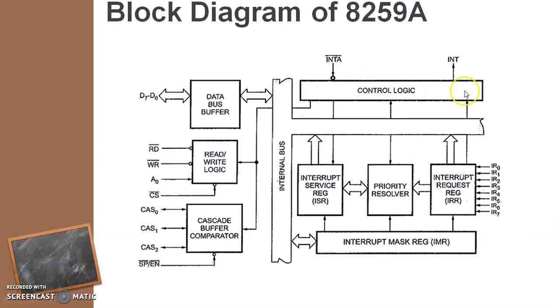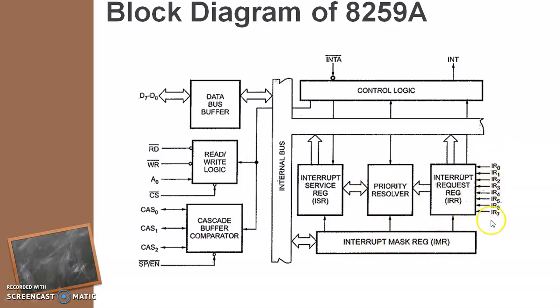This is the block diagram of the 8259. Looking at the block diagram, you can see all the interrupt requests make an entry in the interrupt request register. Then the priority resolver decides which interrupt is to be executed if more than one interrupt request arises at the same time. To make a decision, it gets input from the mask register.